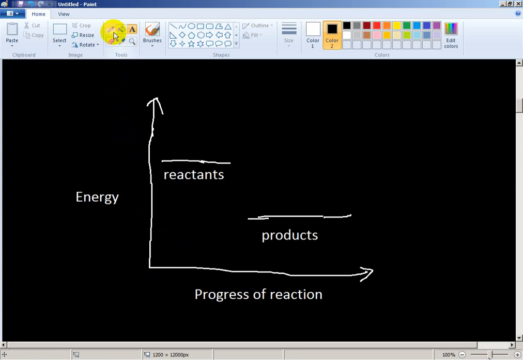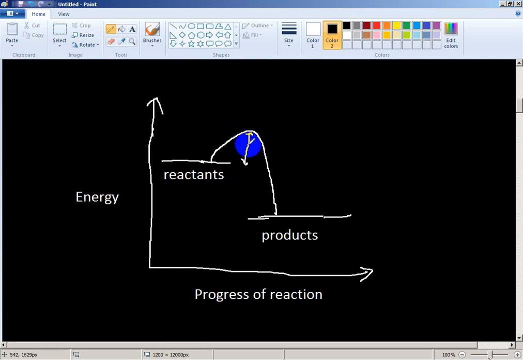When a reaction occurs, some minimum energy is required for the particles to collide. So the energy increases, then this energy goes down. This minimum energy required is called activation energy. Look, this energy from the reactant to here is the activation energy.